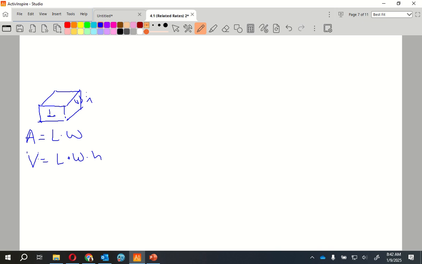So technically, my volume is the area times the height. Yes? So on all these shapes that you're actually going to do, it's technically the area times whatever height or whatever thickness you're going to give that. So we're going to use that information to be helpful here.